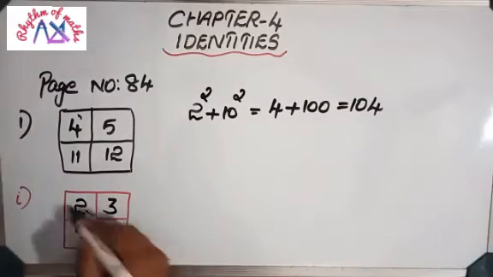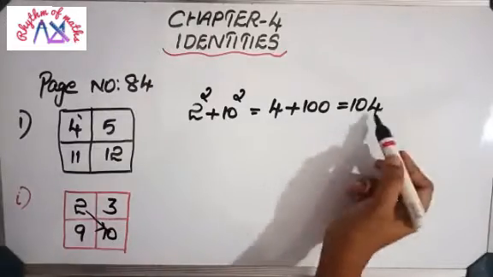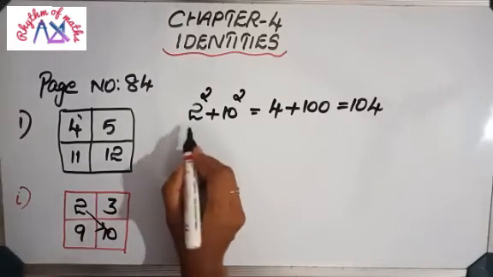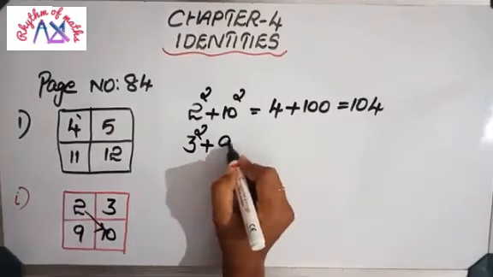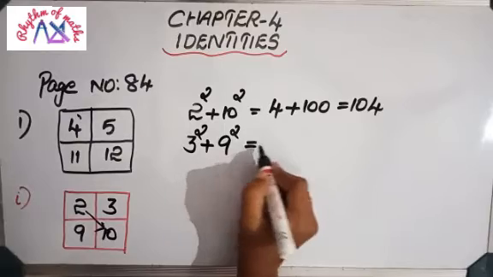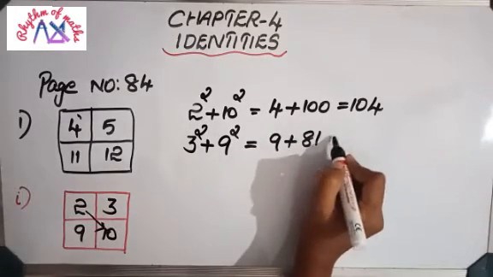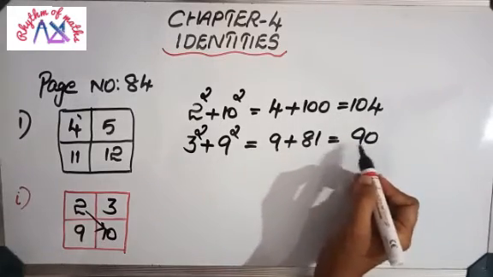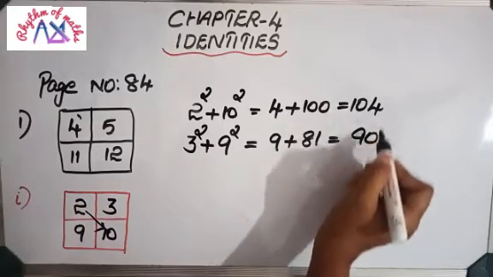So the sum of squares of the first diagonal numbers is 104. Now the second diagonal numbers, 3 and 9. 3 square is 9 plus 9 square is 81, so the answer is 90.